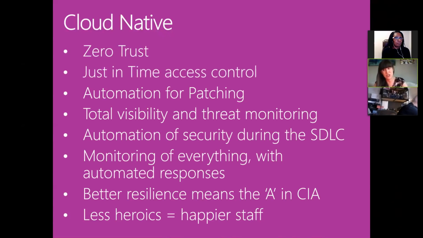And then they're like, here's the resolution of your thing. Or like, we blocked this attack. Don't worry, we got it. We just want to let you know that happened. So less heroics means happier staff, which means less burnout, which means less employee turnover, which means less cost to your business. So that's the end of that page.